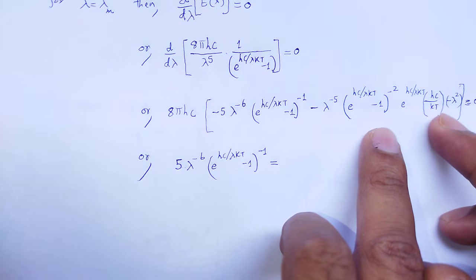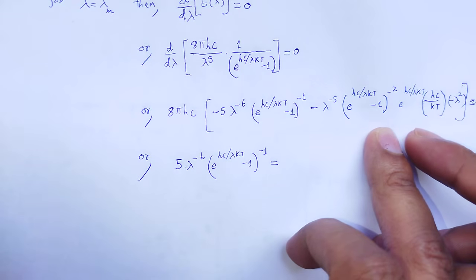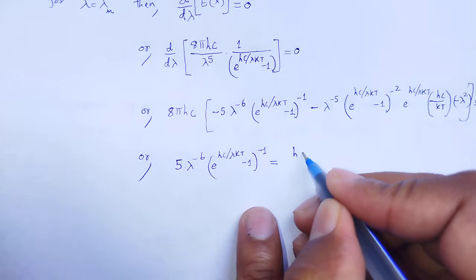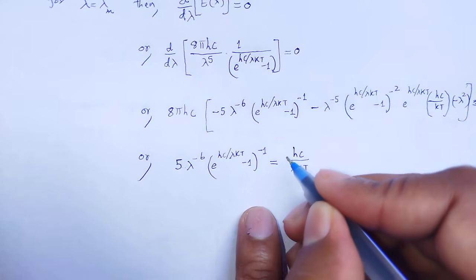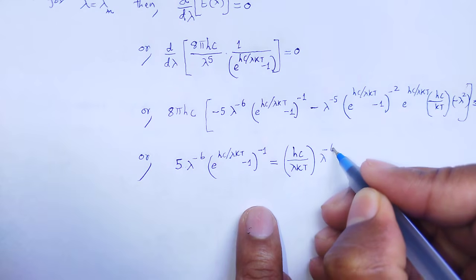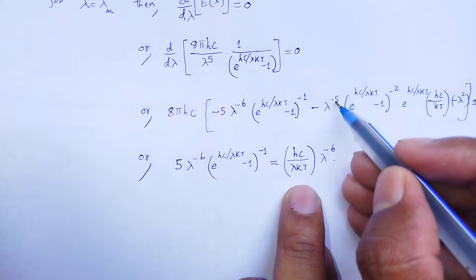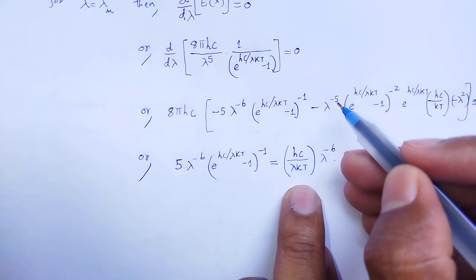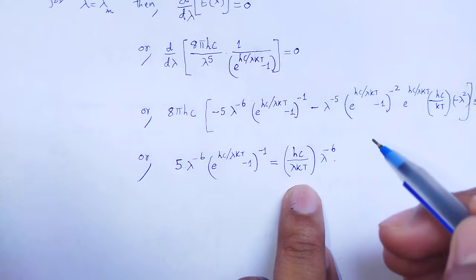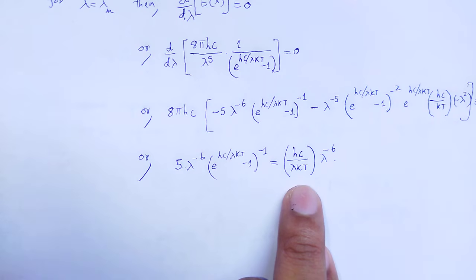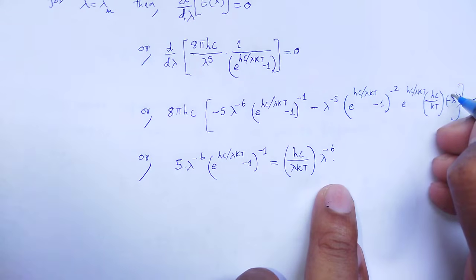If we use SC by lambda kt, with lambda to the power minus 6, lambda to the power minus 5 into lambda square, that is lambda to the power minus 3, that is minus lambda to the power minus 2.